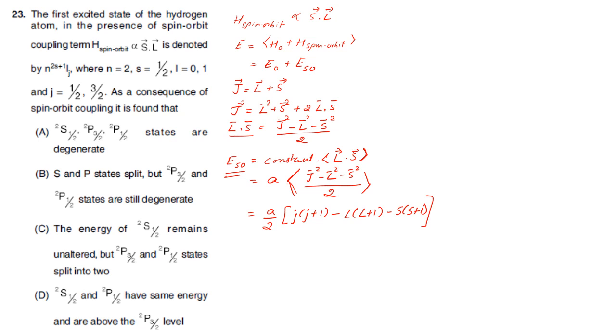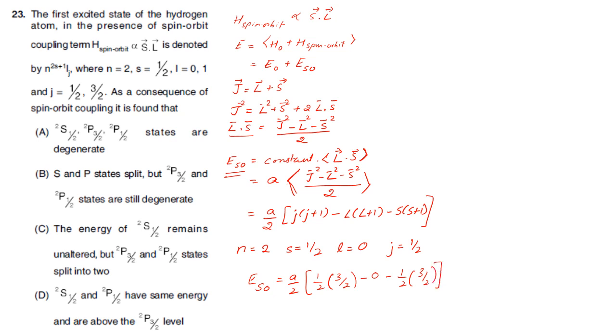So first let us consider n is equal to 2, S is equal to half and L is equal to 0. So the value of j will be half. If you substitute the values, then you will get E due to spin orbit interaction is A by 2, value of j is 1 by 2, so 1 by 2 into 3 by 2 minus L is 0 minus S is 1 by 2 into 3 by 2.